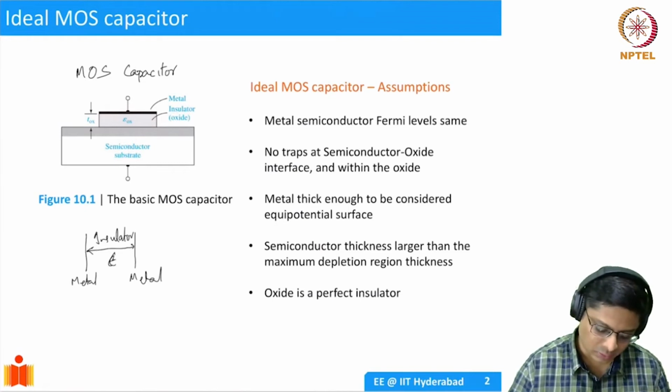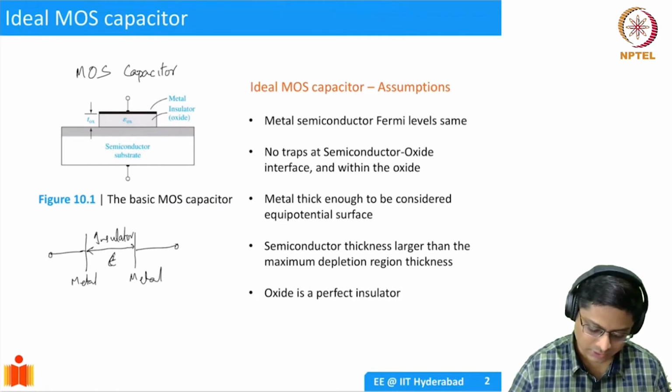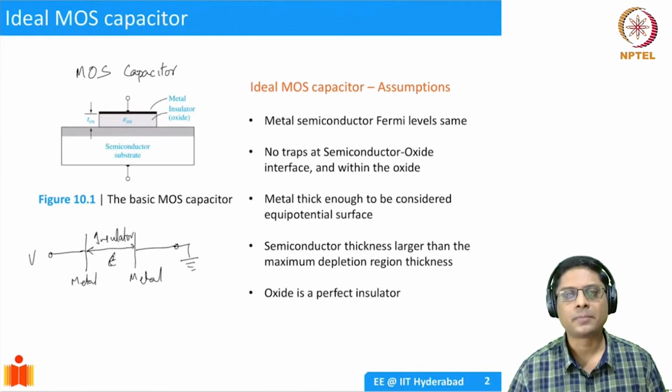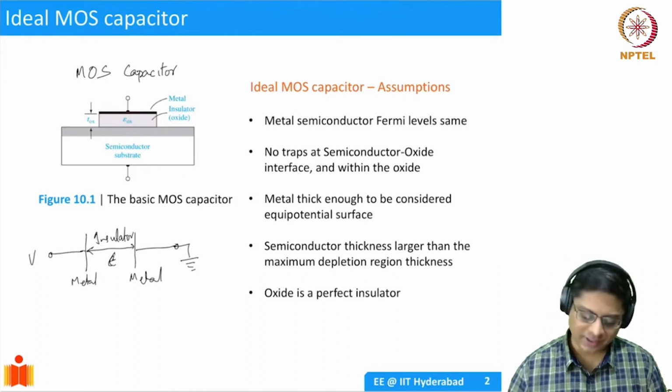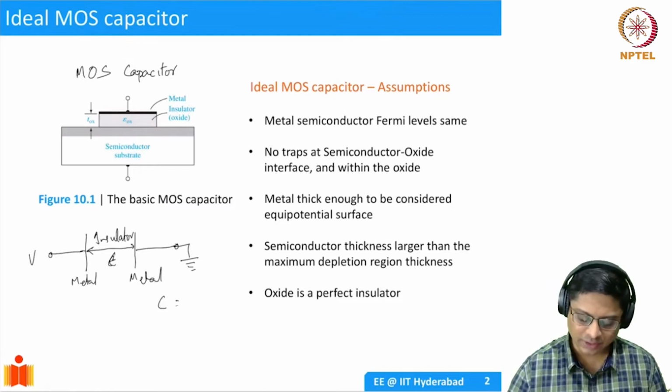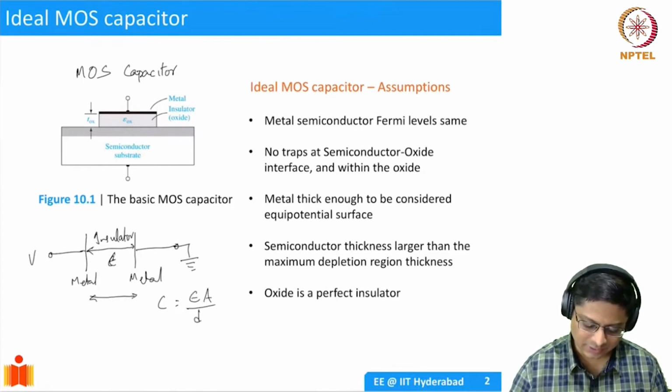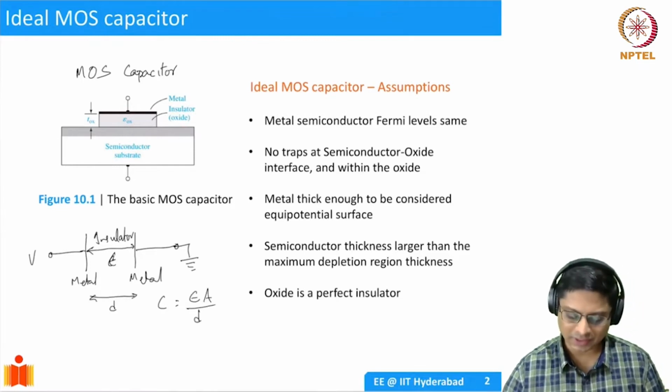And you apply a voltage to this. Let's say this is grounded, and then you apply voltage on that. So we say that this device has a capacitance which is simply going to be epsilon A by D. D is the distance. Then we will say that this capacitor has a capacitance of epsilon A by D.